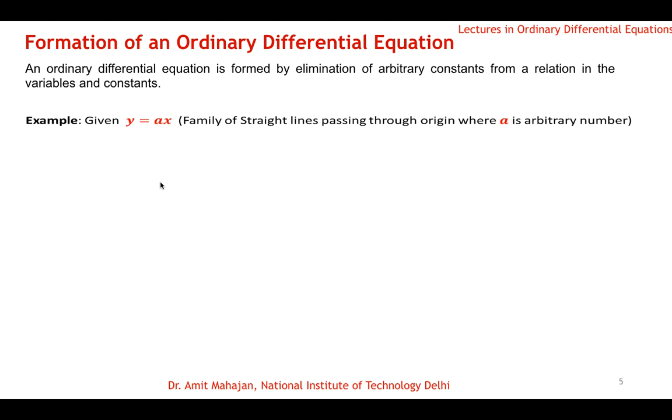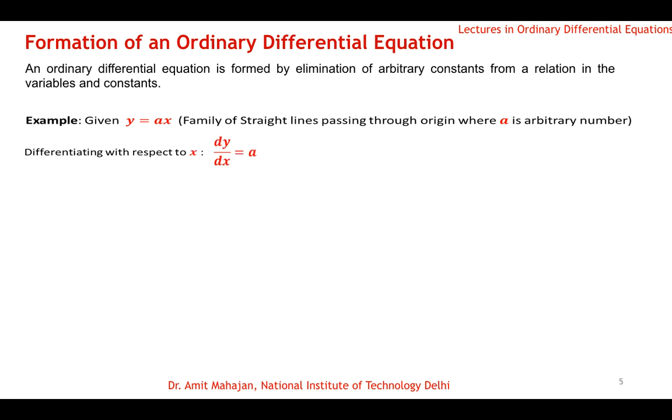So how to formulate a differential equation for the family of straight lines passing through the origin for this equation? We choose one as the independent variable, one as the dependent variable. Say x is the independent variable and y is the dependent variable. So we will differentiate this equation with respect to x.